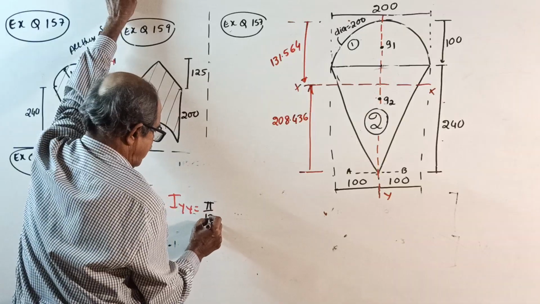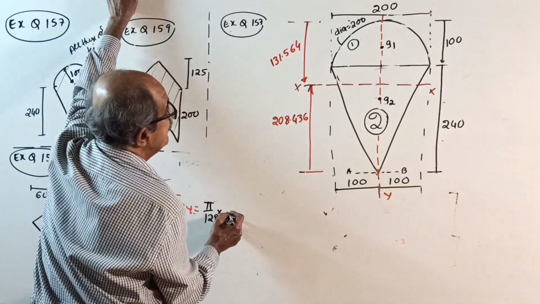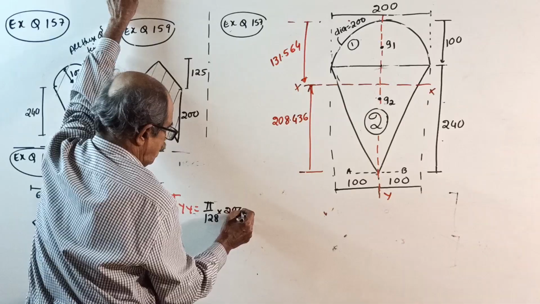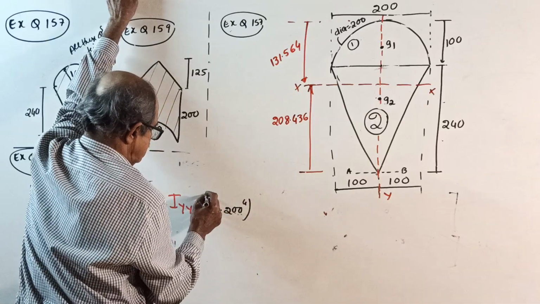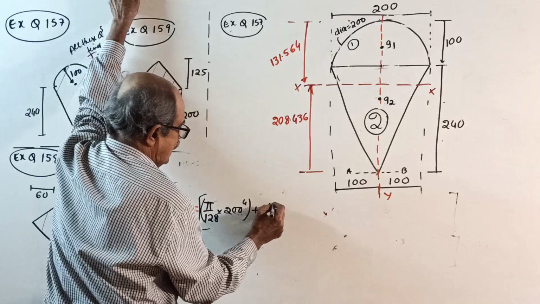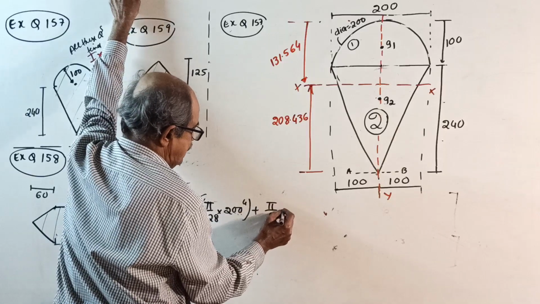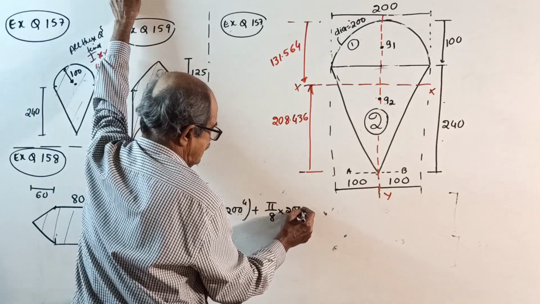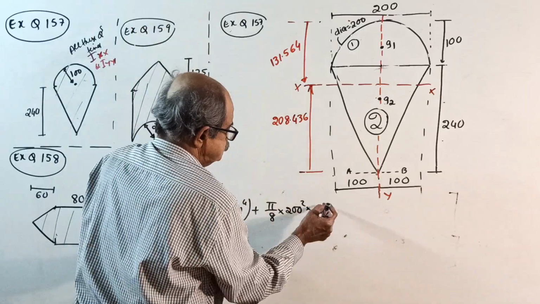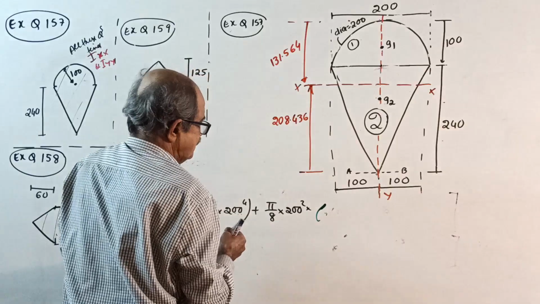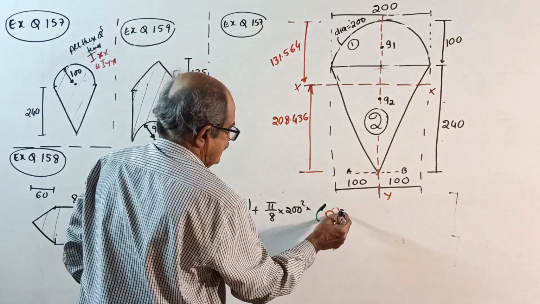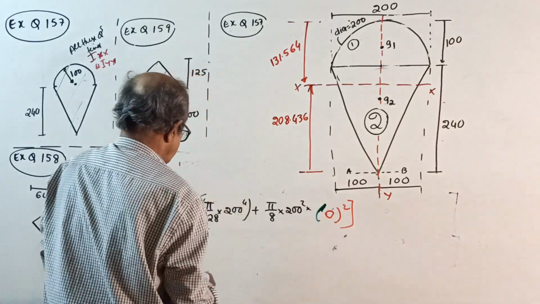Pi by 128 of diameter, 200 power 4, IG, plus area, pi by 8 of 200 square into 4. Centroid lies there directly, 0 square.